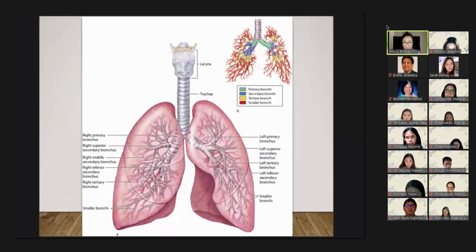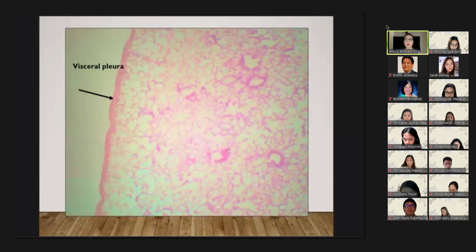Obviously, the primary and secondary will not be seen within the lung parenchyma. But all bronchi, the branches of which will start with the secondary and beyond, will be referred to as intrapulmonary bronchi.